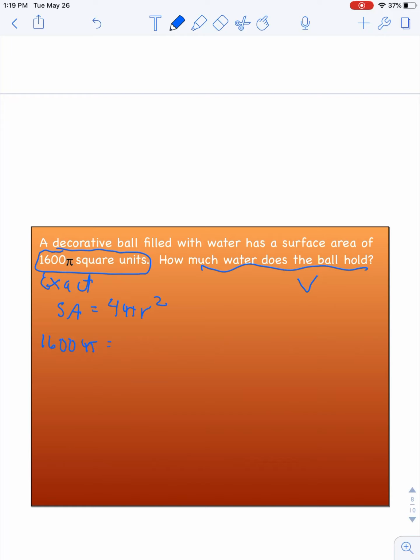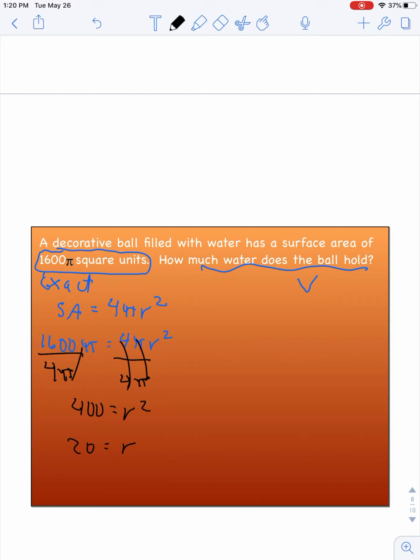In order to find that, I'm going to have to use the surface area with 4 pi r squared and solve for my radius. So I can divide each side by 4 pi, which cancels out, and that gives me 400 is equal to r squared, so r is 20.